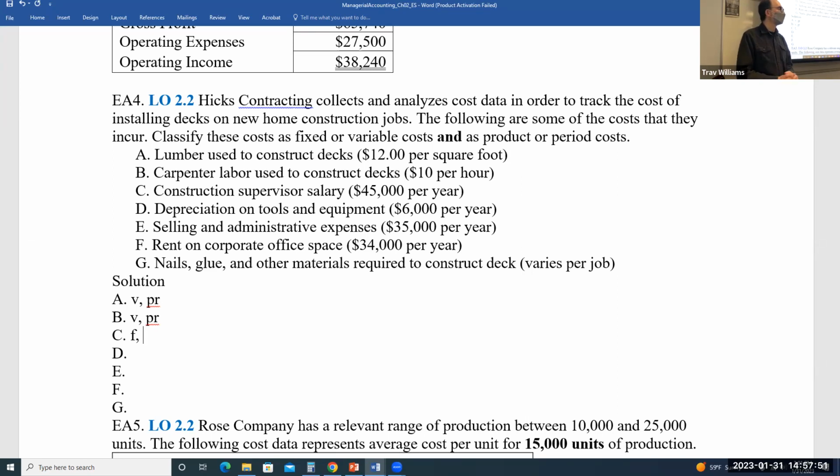Or if it were a supervisor in the legal department or the marketing department, then it would be a period cost. Because it's a construction supervisor, that's part of the cost of production. Even though it's not direct labor, it's not going directly into the product because they're just supervising, right? But it's still considered a production cost because they're supervising production. So this is fixed and production.